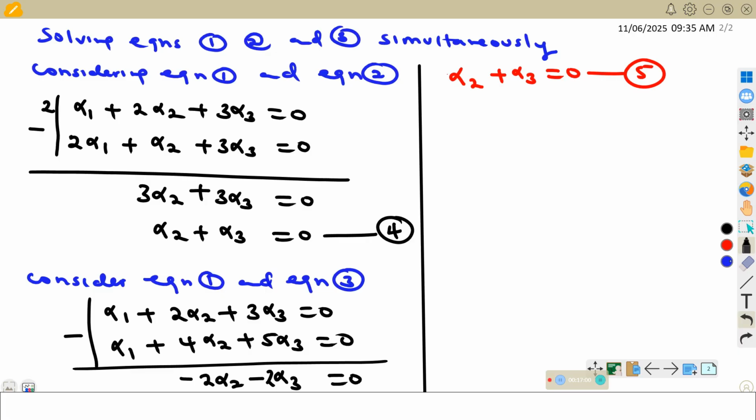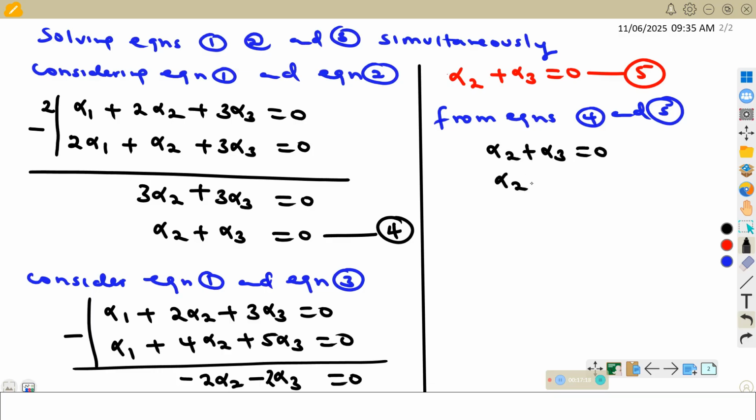So from equations 4 and 5, we shall have alpha 2 plus alpha 3 equal to 0, then alpha 2 plus alpha 3 equal to 0. This is equation 4, this is equation 5.